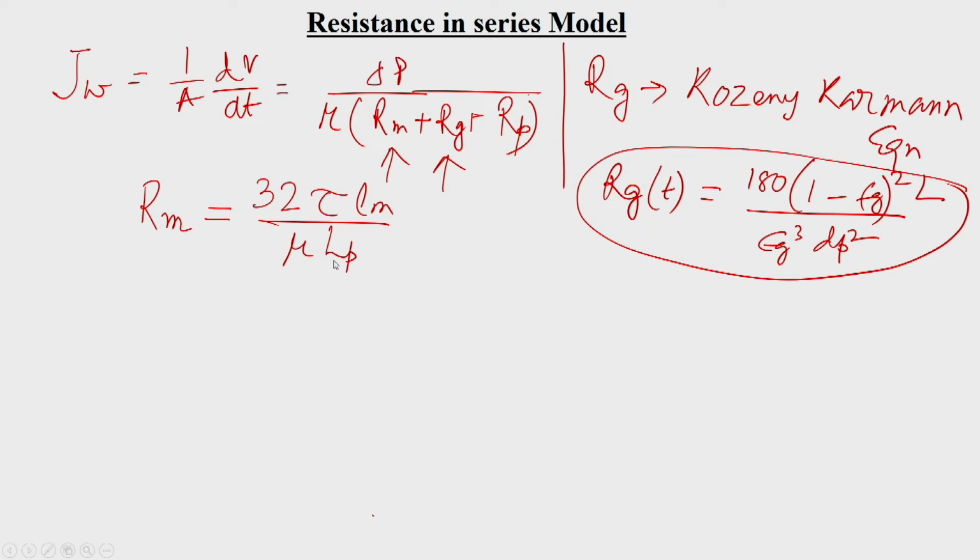Also, R m can be obtained as 32 tau into L m by epsilon into d cube. Okay. Here L m is the membrane thickness, and tau is the tortuosity.